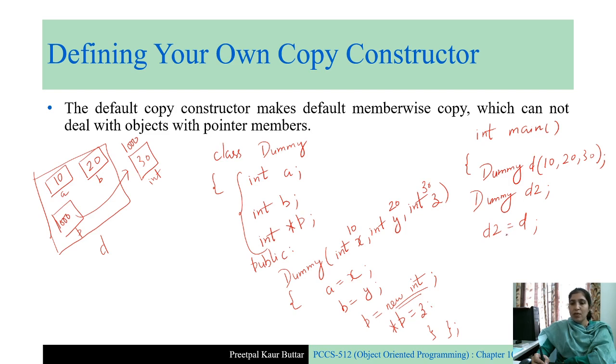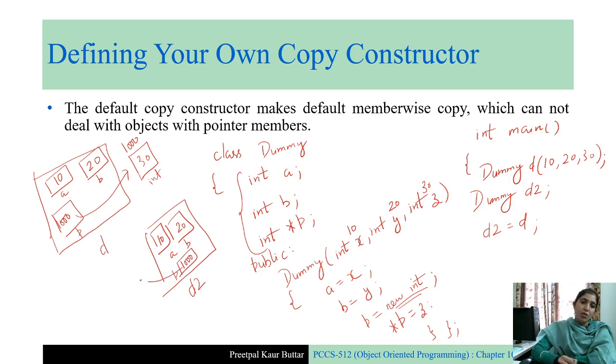So whatever values are there in these variables, all these values will be copied into the data members of D2 also. D2 also has three data members, A, B and pointer P. So D2 is equal to D, it means A is equal to 10, B is equal to 20 and P is equal to 1000. It means P is also pointing to the same memory location. So this is what is happening using the member-wise copy.